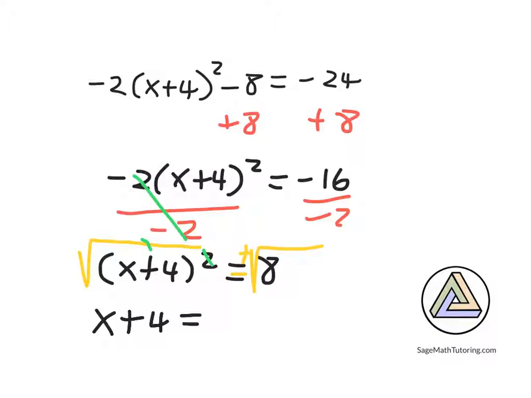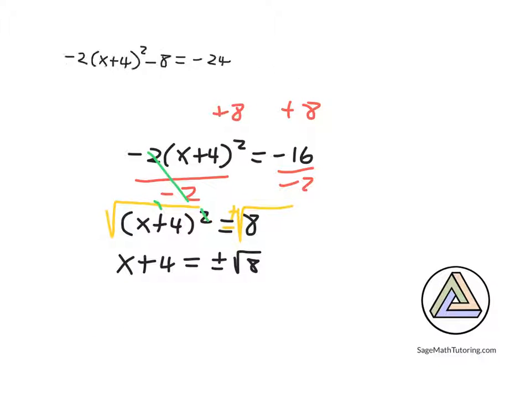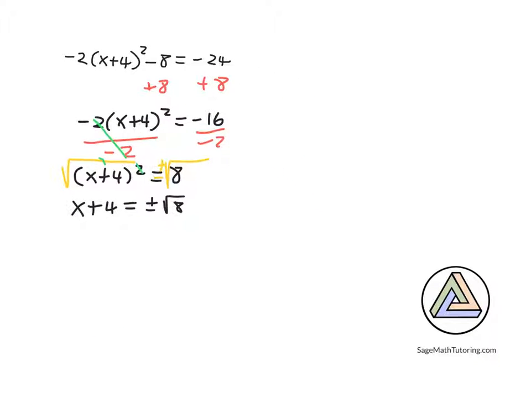And then we have plus minus the square root of 8. At this point, we could simplify this radical 8, and I'm going to trust that my student knows how to do that and would know that radical 8 is actually 2 radical 2.